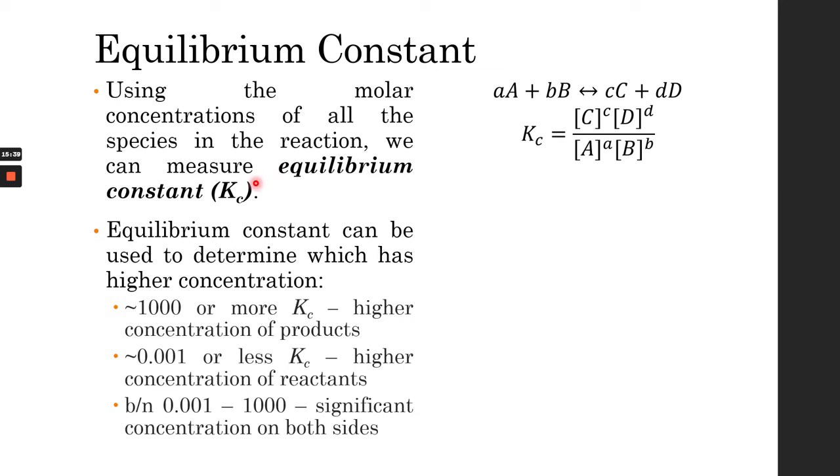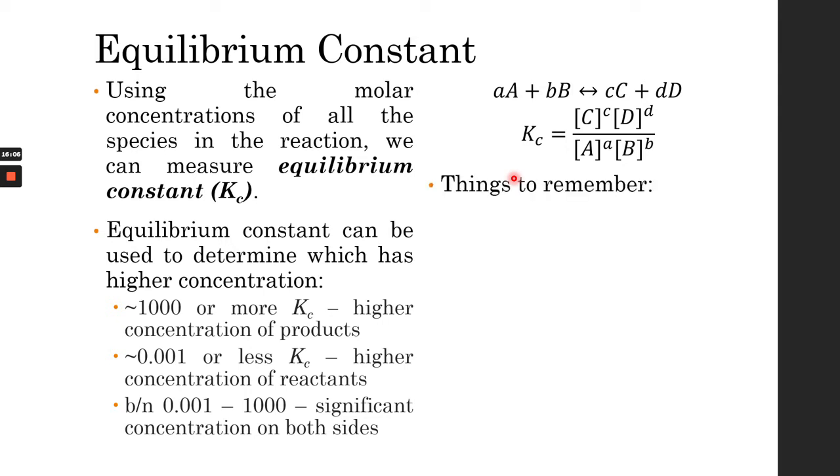One note that I want you to remember is that we only use the equilibrium constant in a situation wherein the equilibrium dynamic is reached. The reversible reaction is in a situation wherein the reactants becoming products is happening at the same rate that the products are going back as reactants.